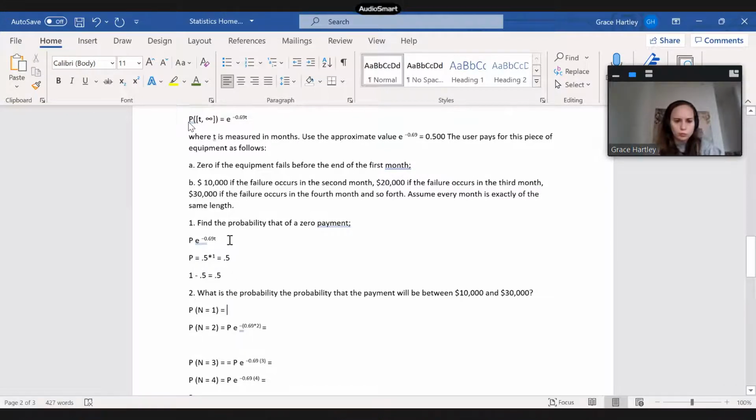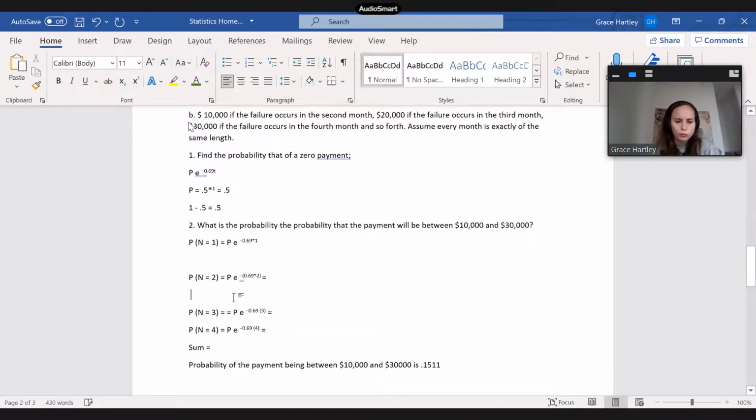But that formula is the probability from t to unlimited, and what you're going to find now is a probability from 1 to 3. So you use the probability of 1 to unlimited minus the probability of 3 to unlimited, and you get the probability of 1 to 3.